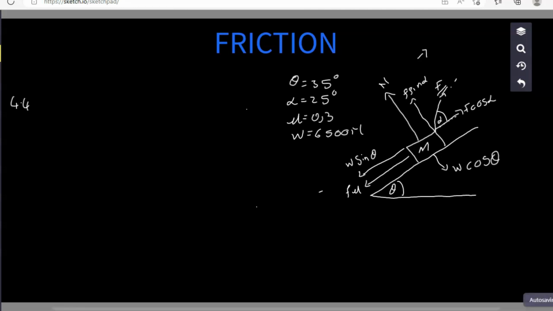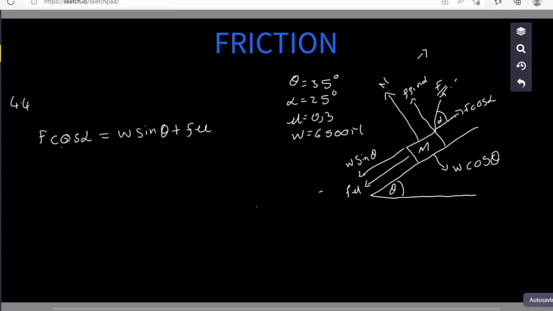So what's going to happen is we are going to start by equating the forces that are parallel to the plane that we're working with. We are going to get F cos alpha going up against W sine theta and frictional force.